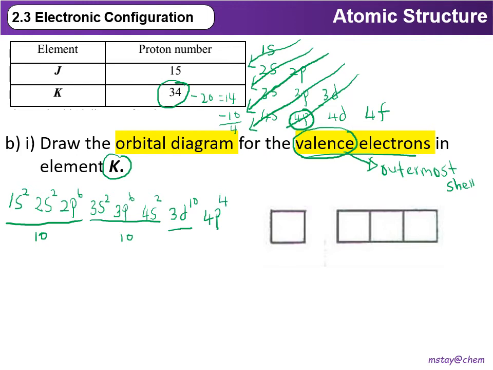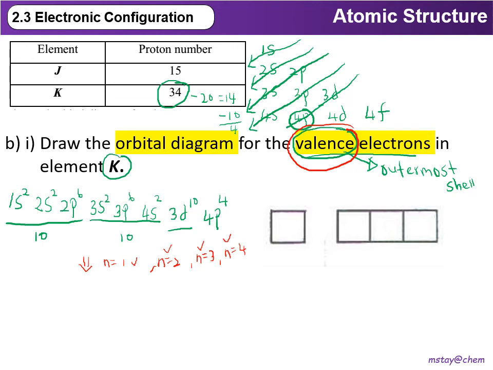But again, we don't need to draw all because the question asks us to focus on the valence electrons. Based on this SPDF notation, n equal to 1 is filled with electrons, n equal to 2 also, n equal to 3 also, and n equal to 4 also.